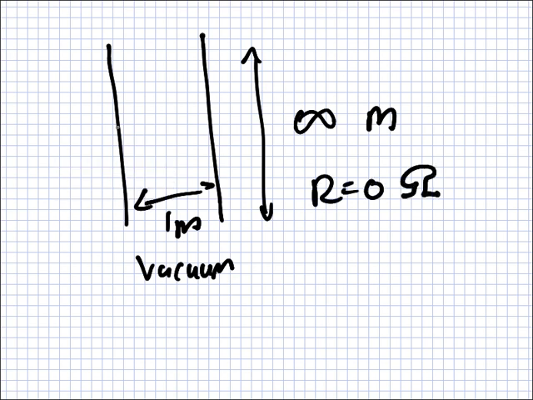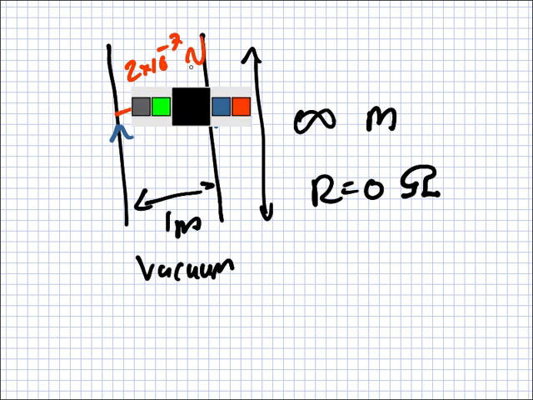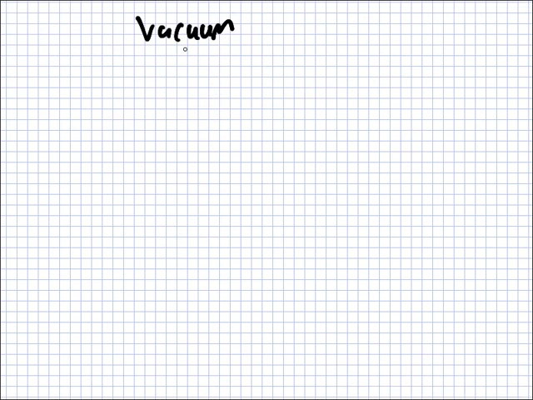Then 1 amp is flowing if there's a force of 2 times 10 to the minus 7 newtons, I think we said. Is it minus 7 or minus 3? I thought it was minus 7. What is the base unit for the amp? The amp is 1 coulomb per second.